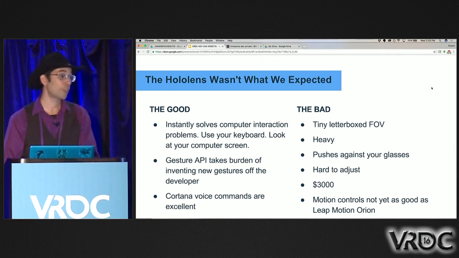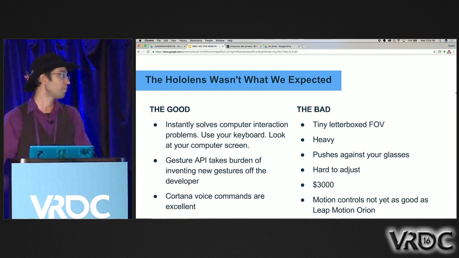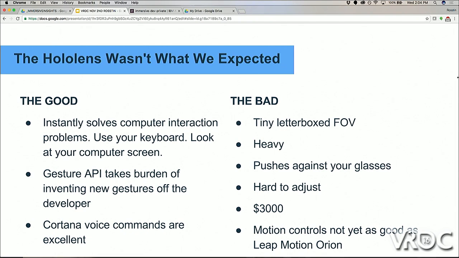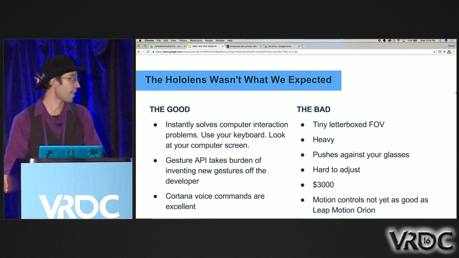So I do want to say the HoloLens was not what we expected. The videos that Microsoft shows are a bit aspirational. It's very heavy. It has a tiny field of view. It hurts my face because it pushes up against my glasses. And I don't know, it's like some kind of Sword Art Online headset.